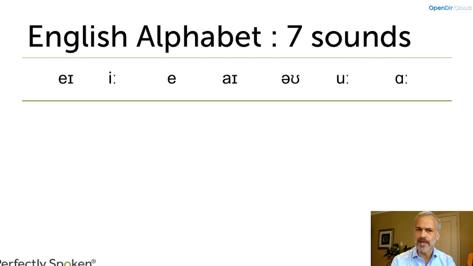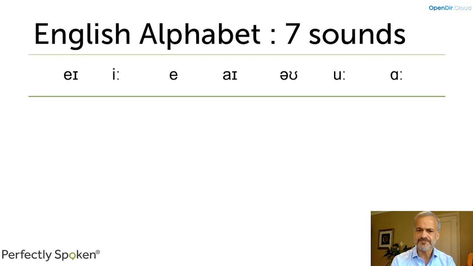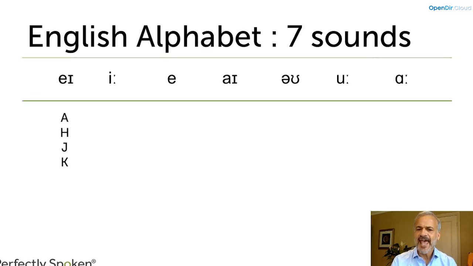Now, let's have a look at the letters that go with these sounds. And the first group is A. So we get A, H, J, K. Can you repeat?